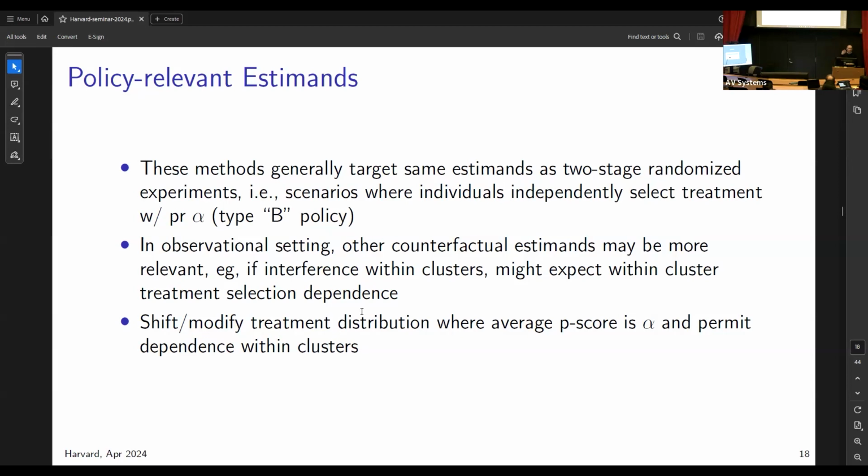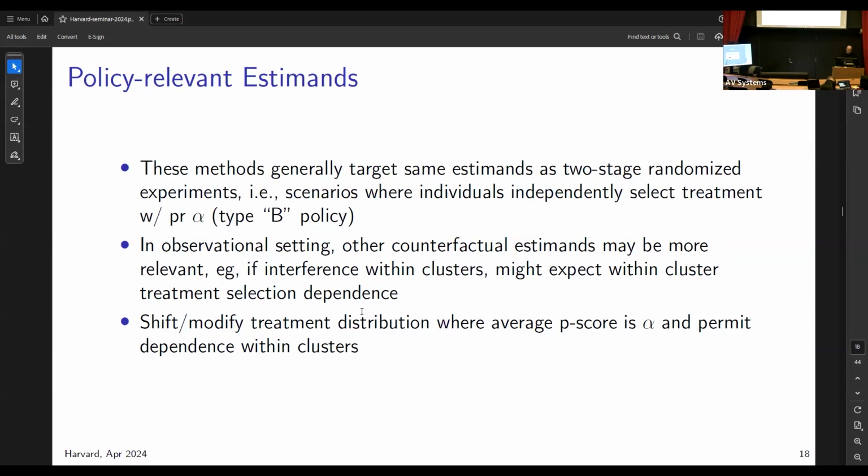Being in the school of public health, we think about, well, what if we could get more people vaccinated? We may live in a world where there's some dependence in the propensity scores amongst people in a cluster. Even if we could encourage more people to get vaccinated, we might still expect in that counterfactual scenario some dependence between treatment selection amongst individuals in the same cluster.